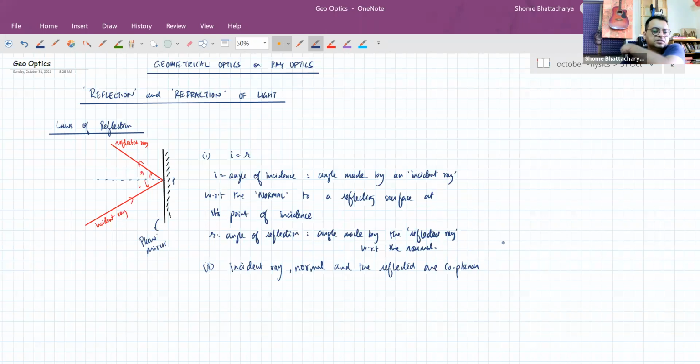We'll understand this better in the context of how you learned vectors. If you define a unit vector along the incident ray, a unit vector along the reflected ray, and a unit vector normal to the surface at the point of incidence, then the three unit vectors have to be coplanar. They have to lie in a common plane.